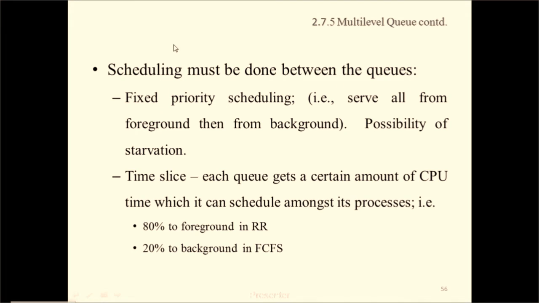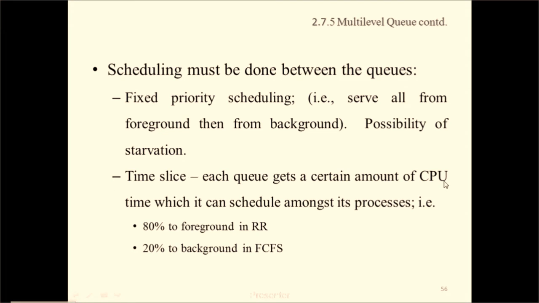Because if we go ahead with fixed priority scheduling, as discussed earlier, there is the possibility of starvation. The process in the lower priority level will never get access to the CPU. So better to go for some other solution between the queues. Remember that now we are discussing between the queues, not between the processes. Time slice.